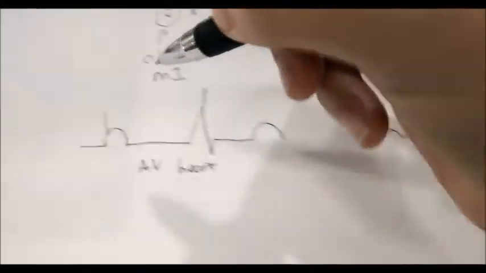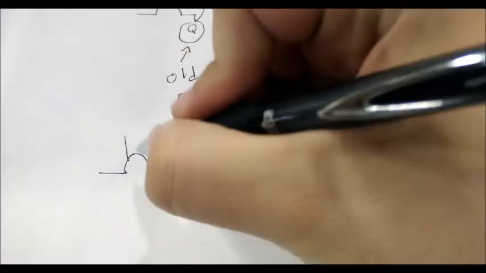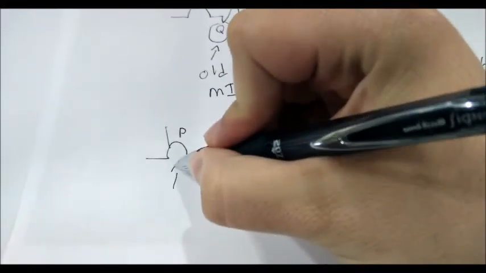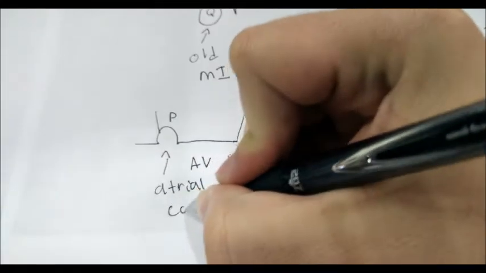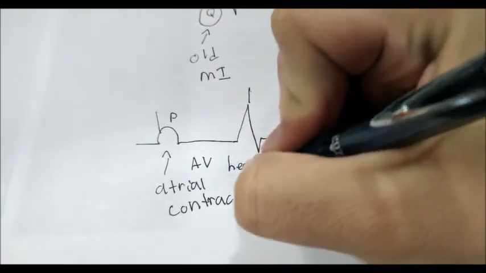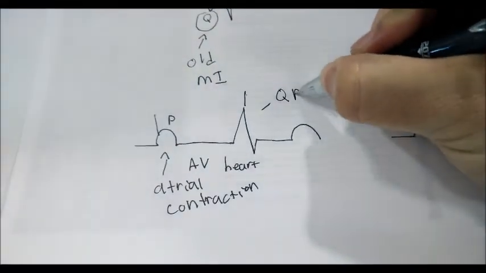Now, one thing where I probably jumped the gun was that I assumed you knew what these different parts meant. So this right here is your P wave. The P wave is your atrial contraction. This right here is your QRS.